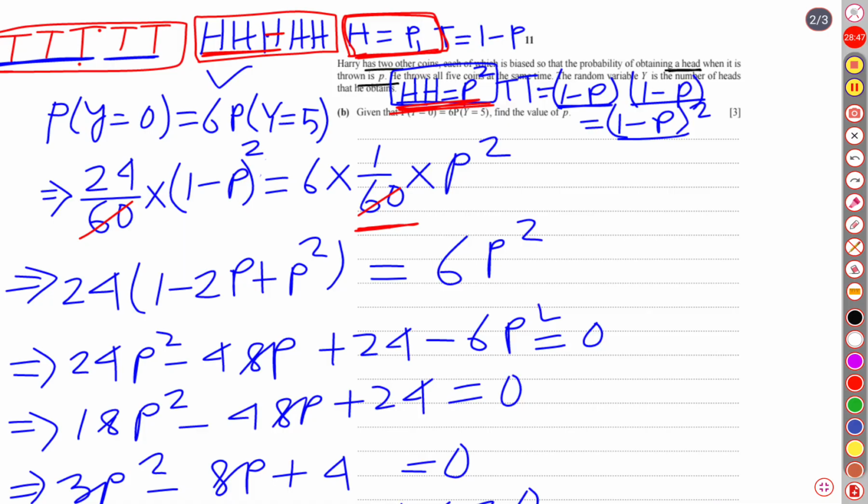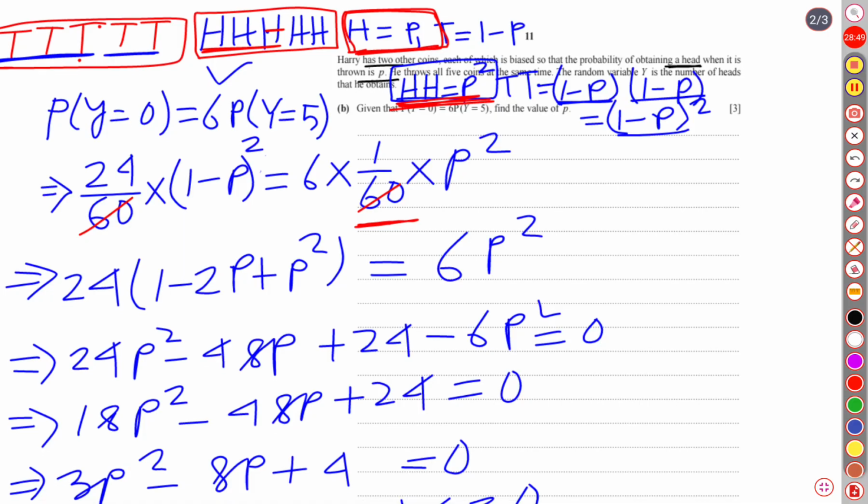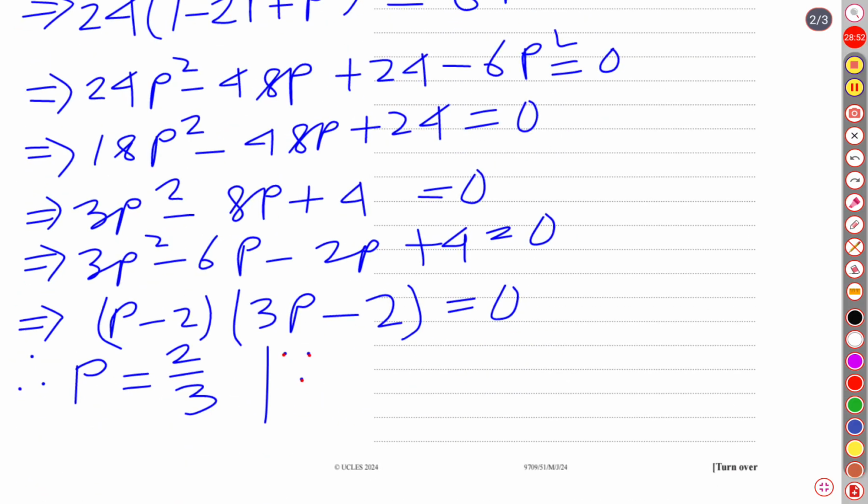That's why p is actually less than 1. But for the general case we can write p is between 0 and 1, less than or equal to 1 and more than or equal to 0. Hence our probability is p equal to 2 over 3.